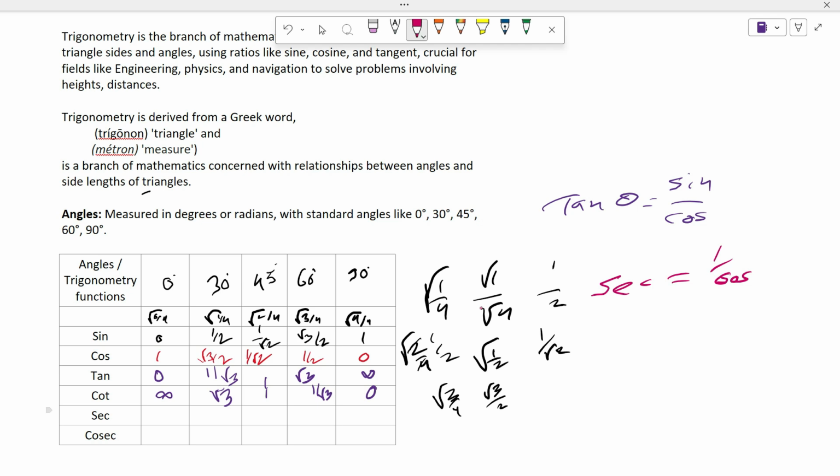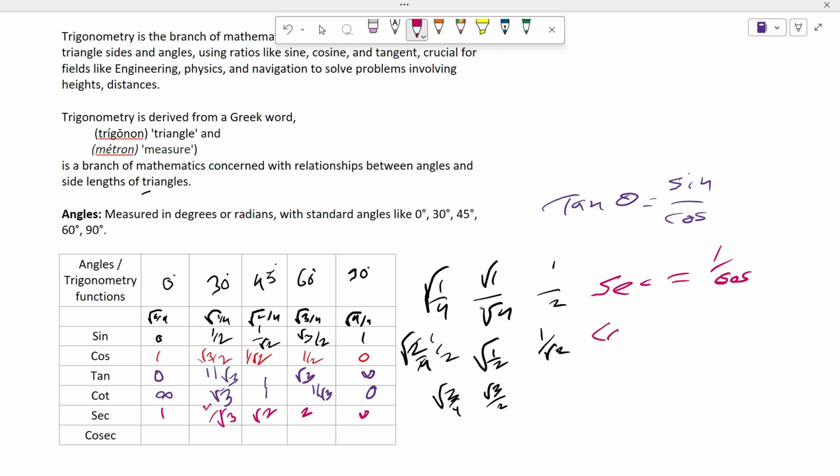So let us calculate these values. 1 by 1 is 1. 1 by root 3 by 2 is 2 by root 3. Next 1 by 1 by root 2 is root 2. Next 1 by 1 by 2 is 2. Then 1 by 0 is infinity.